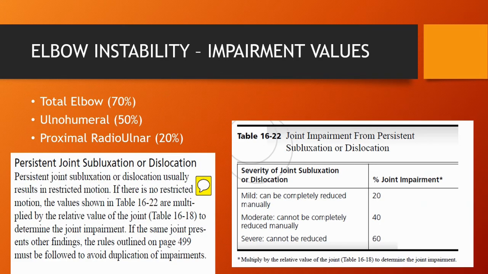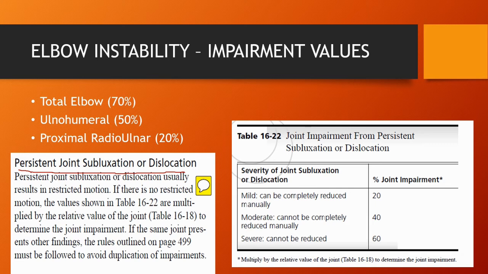Okay, so again, let's talk about the definition of the first impairment that's described by the AMA Guides. And this is impairment due to persistent joint subluxation or dislocation of the elbow. And this is something that you would largely derive through a combination of your history with the examinee and then also confirmed by the physical examination provocative maneuvers that we just described.